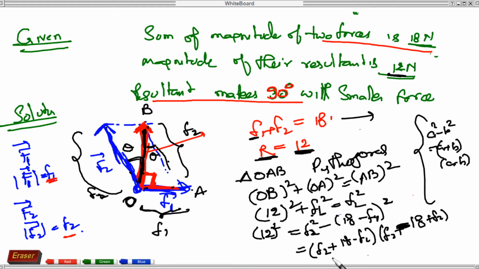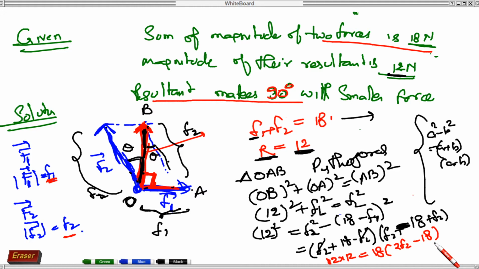Here F2 gets cancelled, so the equation becomes 12 into 12 is equal to 18 into 2F2 minus 18.